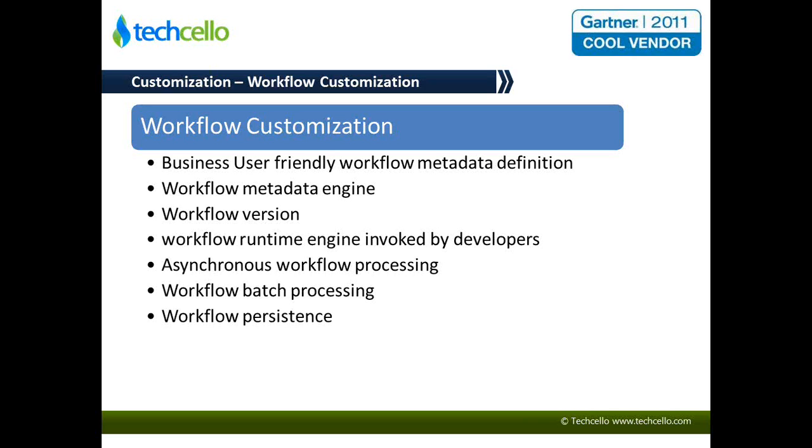So what has to be done here is to have a workflow metadata that typically represents the different steps and the way the workflow has to be processed. The workflow metadata itself can be defined by the end user, and you will have a workflow engine which picks up this metadata and runs.